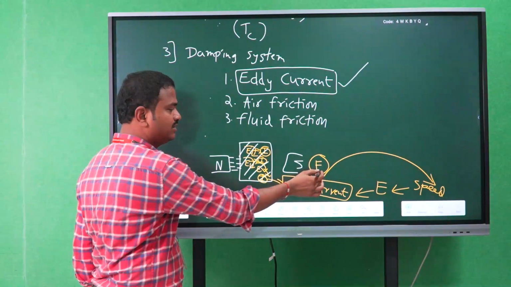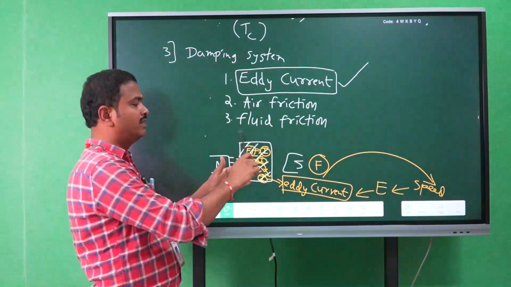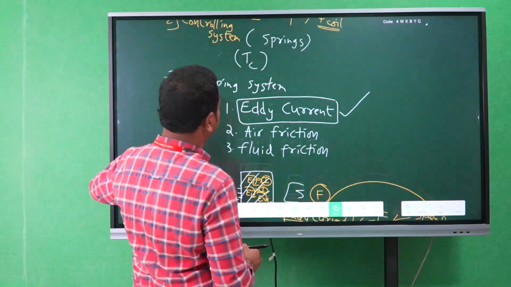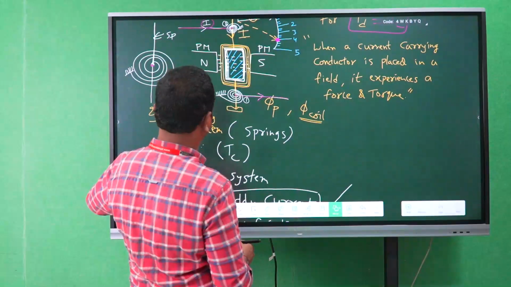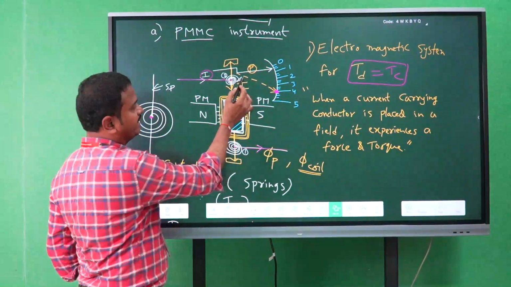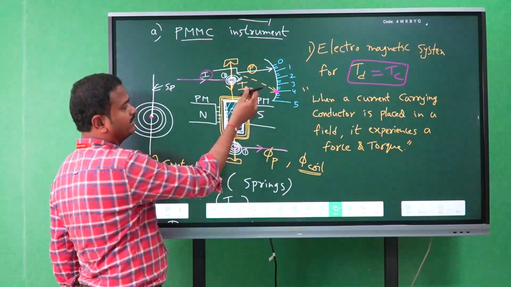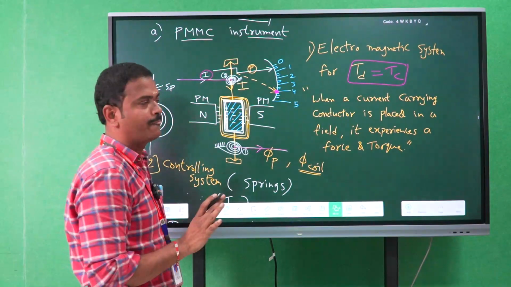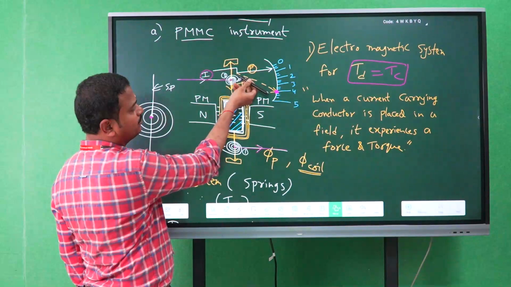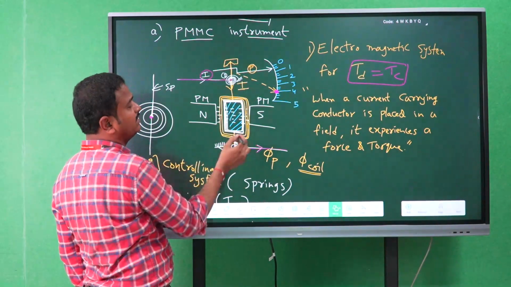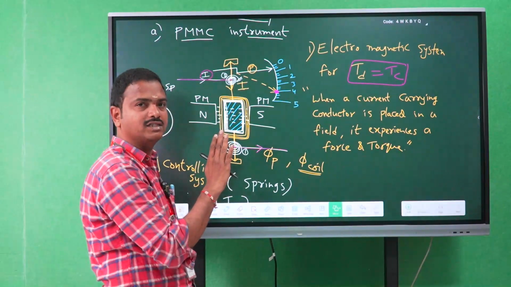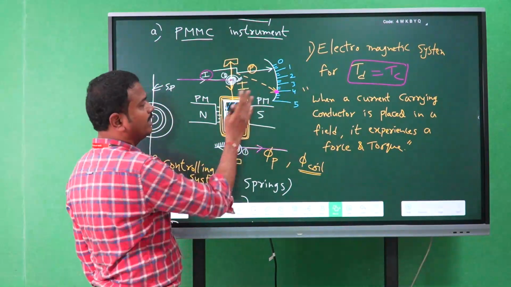Therefore, this opposite force opposes the oscillations made by the pointer. Clear? So at the final position, the pointer makes some oscillations due to the kinetic energy of the pointer. So whenever the opposite force is developed on the moving system, the spindle also stops sharply at the 4 amperes.